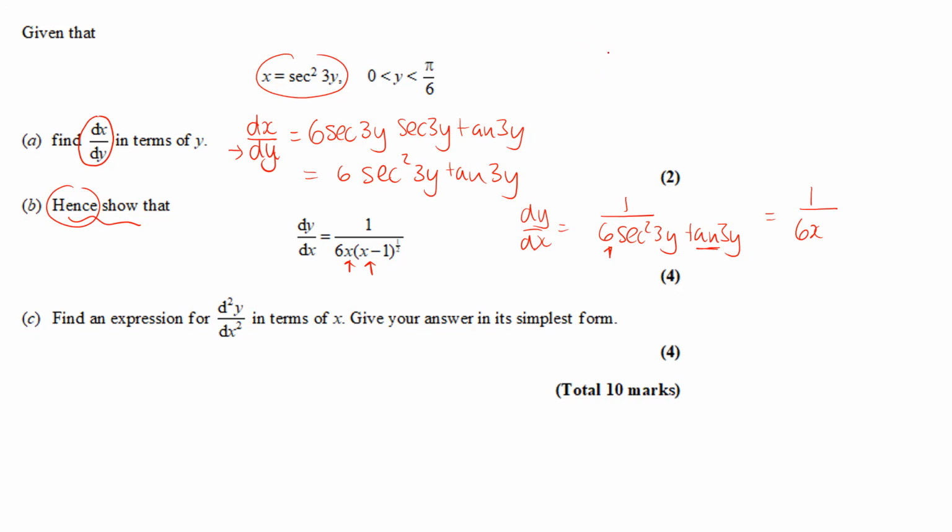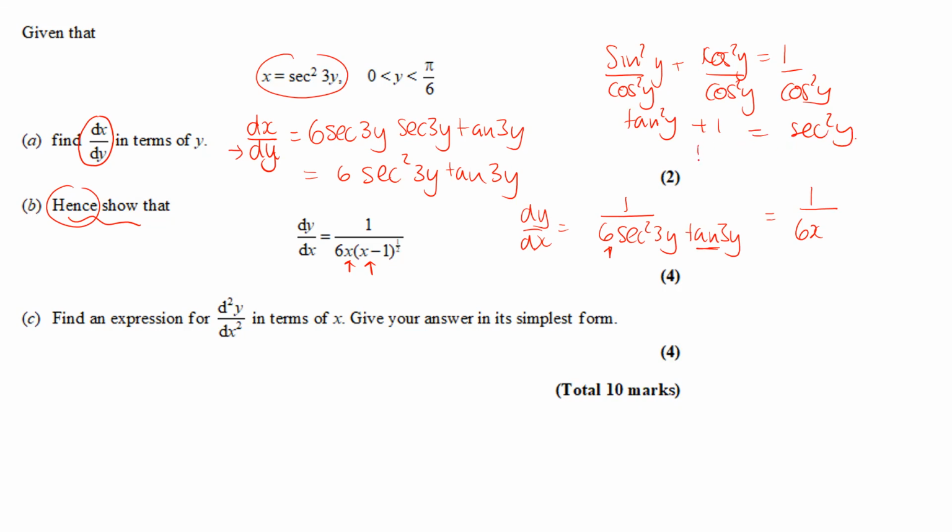Do we all know that sine squared y plus cos squared y is equal to 1? So quickly, if you can't remember them, to get some tan on the go, divide by cos squared y. That is going to give you tan squared y plus 1 is equal to sec squared y.